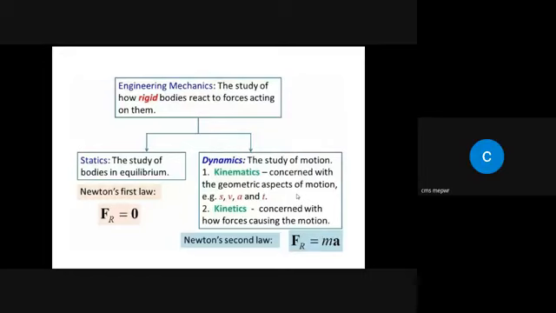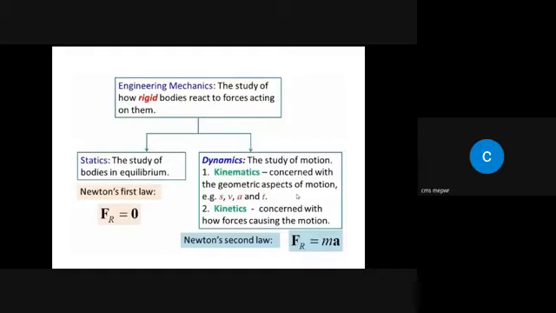If the result of all forces acting on the body causes no motion and the object remains at rest, it is considered static and analyzed in the statics portion. But if there is motion as the result of forces, that study comes under the umbrella of dynamics.